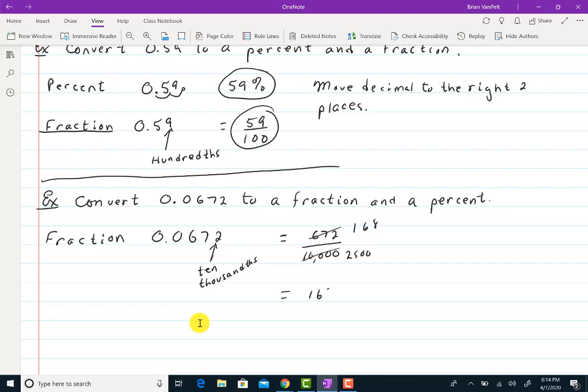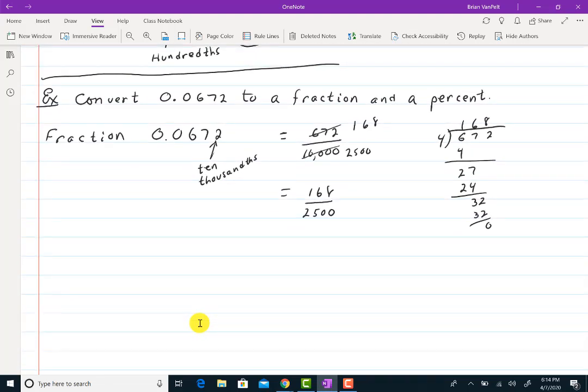So 168 over 2,500. Let me check that top one. 4 goes into 672 just to be safe. 4 goes into 6 once. 6 minus 4 is 2. 4 goes into 27 6 times. 24. Then I'll have 32 left, and then 4 will go into that 8 times. All right, so good. 168 over 2,500.